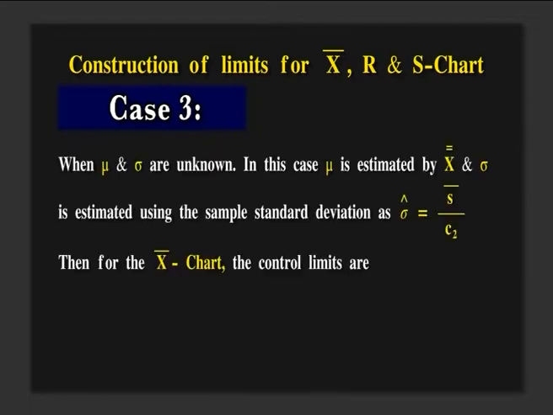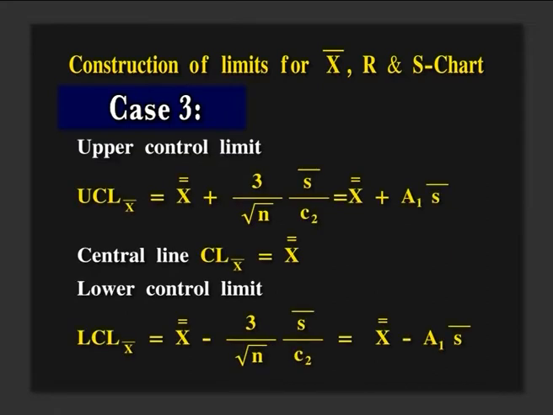Case 3. When mu and sigma are unknown. In this case, mu is estimated by x double bar and sigma is estimated using the sample standard deviation as sigma hat is equal to S bar by c2. Then for the x bar chart, the control limits are upper control limit is equal to x double bar plus 3 by root n S bar by c2, or it can be simplified as x double bar plus A1 S bar.